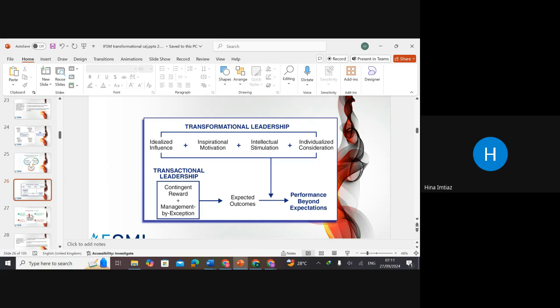They have the inspiration. The leader has the motivation. The leader must be intellectual, and the leader has the spark. The leader has individualized consideration. For that, you will get the expected outcomes, and you can get performance beyond your expectations.